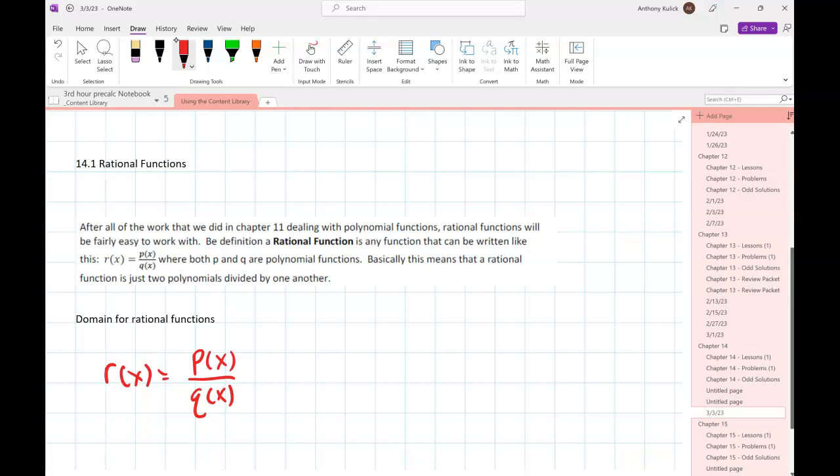When you divide by 0, when the denominator of your fraction is 0, that's not okay, right? That's what we call undefined. Those are going to be the location of the holes in our domain. So our domain is going to be all real numbers except where that denominator is equal to 0.